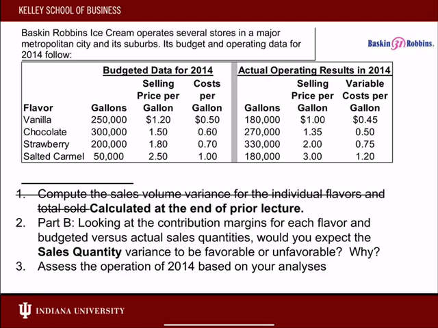So here's your question for this lecture. It's the same information from the Baskin-Robbins case, but in the last lecture, we focused on the sales mix variance. But this time, your practice problem is the sales quantity variance. So kind of do the same thing.